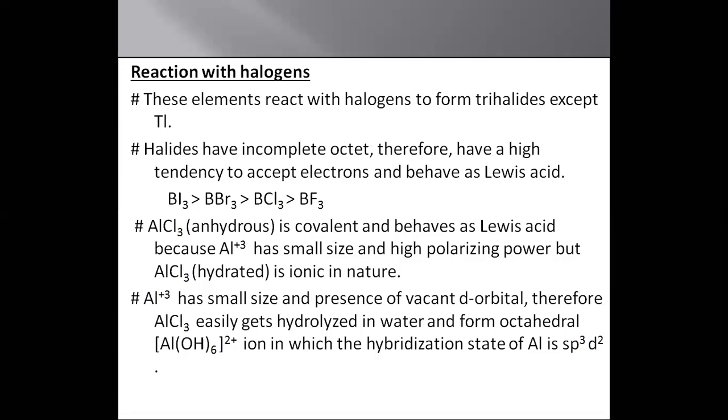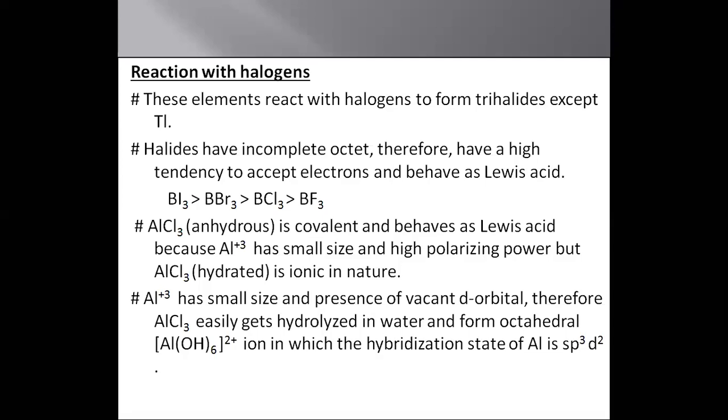And it is also clearly told that aluminium chloride behaves as a Lewis acid. The reason is very clear here. Aluminium ions are very small and have high polarizing power, and because of this they become ionic in nature when they get hydrated.